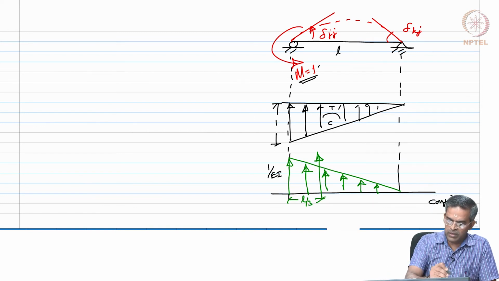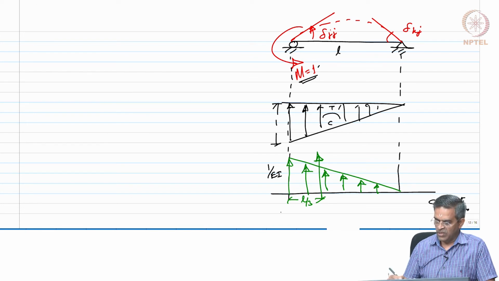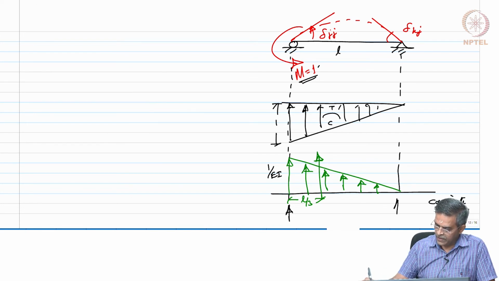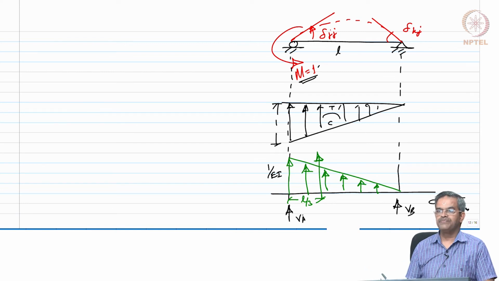Okay. Now, this will invoke reaction here and here, let us see. We call this as VB, this as VA. Okay.